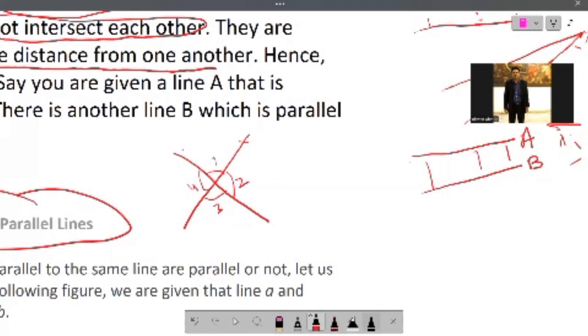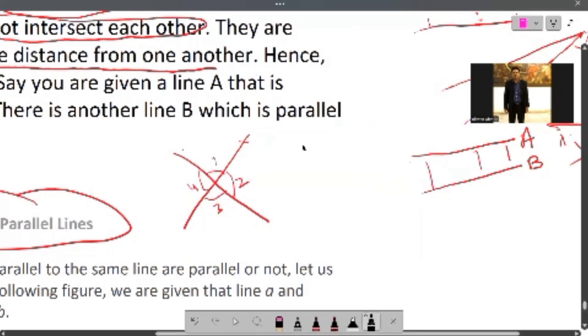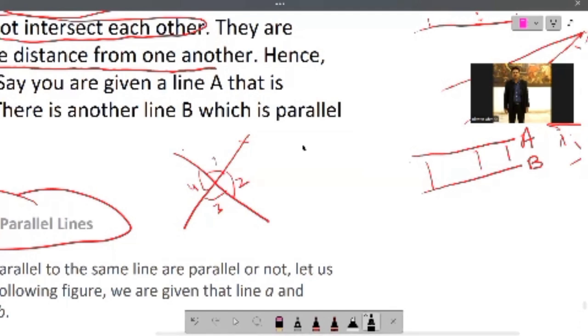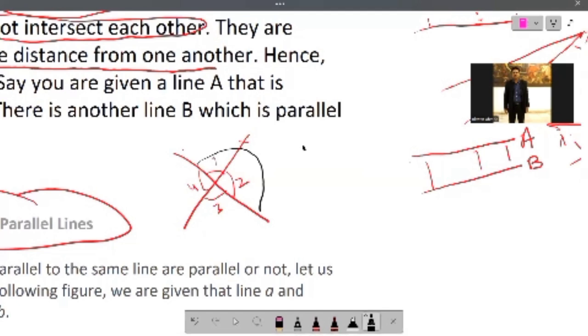What are the corresponding angles? The opposite angles. For example, the opposite of angle 1 is angle 3, and the opposite of angle 2 is angle 4. How is it possible? Look at this. If we draw a line here, the total angle is 180 degrees.